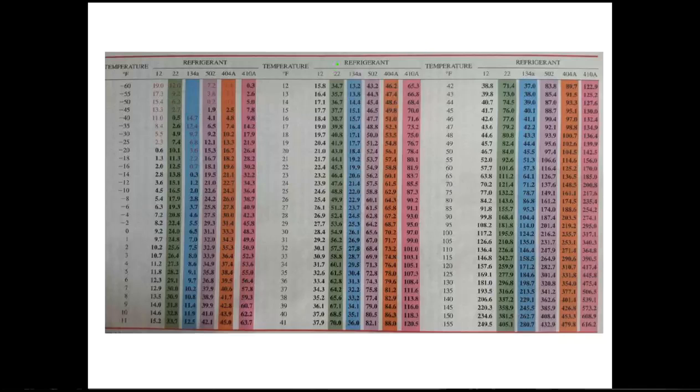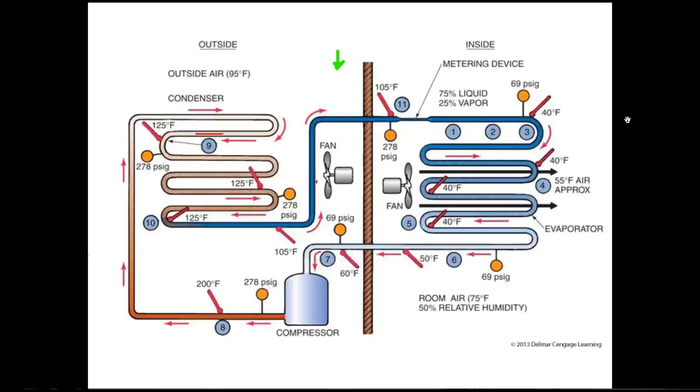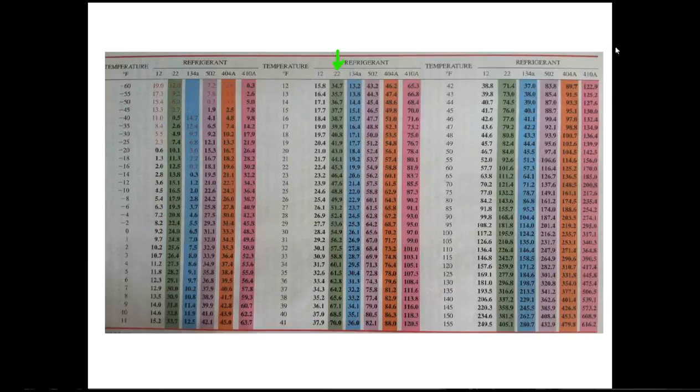Now in this example, we're using R22 refrigerant, which happens to be this column right here. And if we go back, we're at 69 psig. So let's go down this chart. And this is our pressure column for R22.